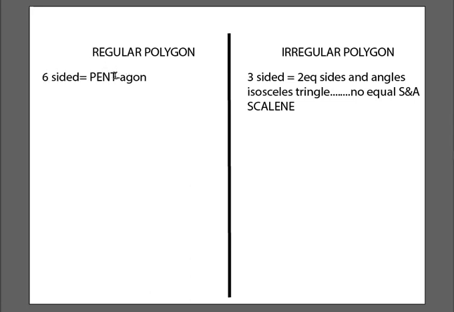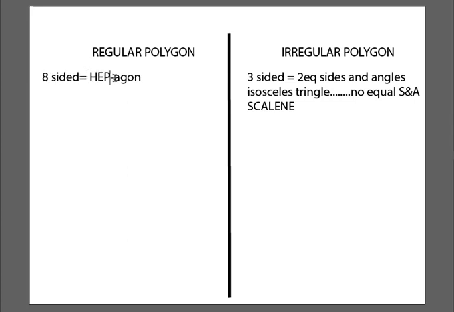We call it a hexagon; hex means six. We've got a seven-sided polygon, which we call a heptagon.